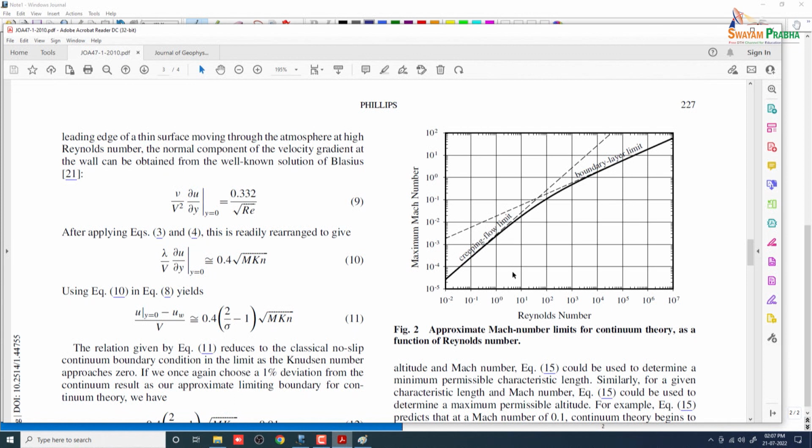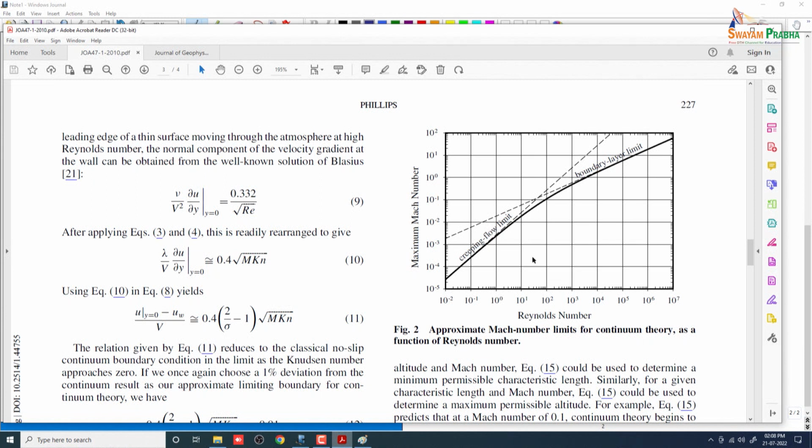So if you see, say, Mach number less than 0.1 and Reynolds number less than 90, that's the crossing of the two dotted lines that you can see there.